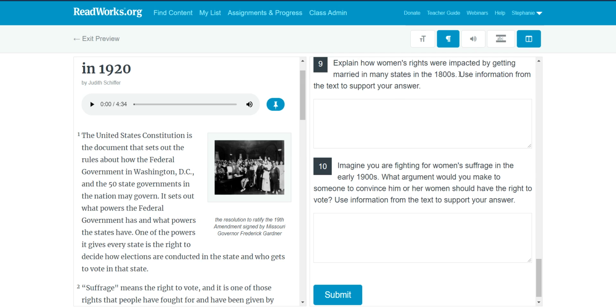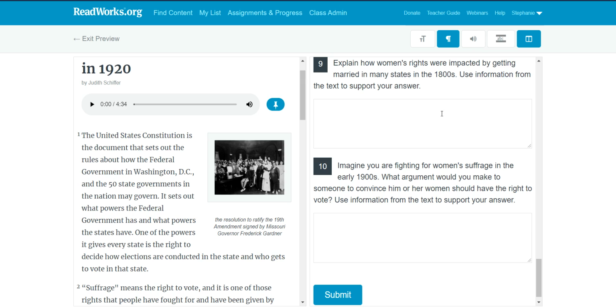Answer the question. Use the information from the text to prove your answer. This should be about 3 sentences for number 9. 3 to 4 sentences. 2 sentences is highly questionable. 1 sentence will not be sufficient to answer this.